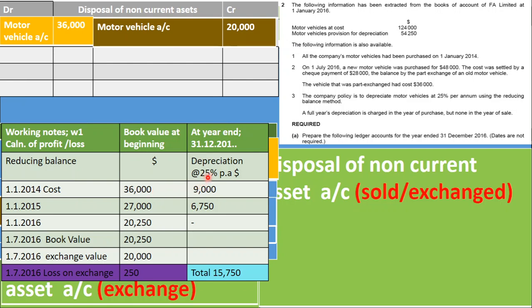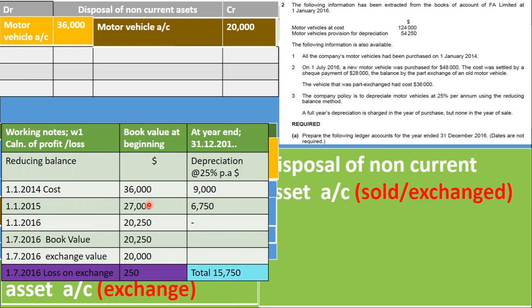Then you calculate depreciation. If you do 36,000 into 25%, you will get 9,000 as the depreciation at the year end, that is 31/12/2014. That's it. So at the beginning of next year now, 1/1/2015, your book value will be 36,000 minus 9,000 equals to 26,000. I'm sorry, 27,000. That's how you get a book value.